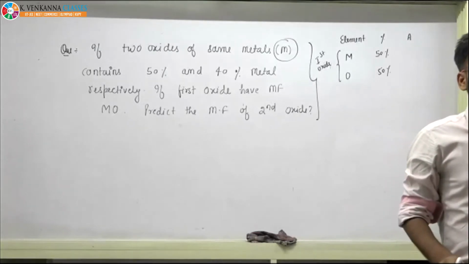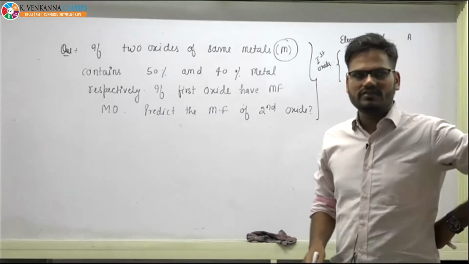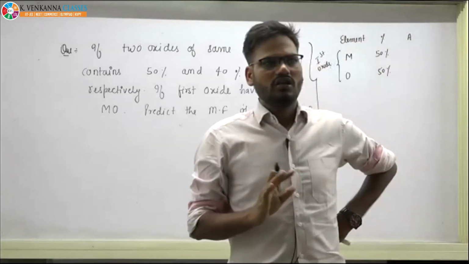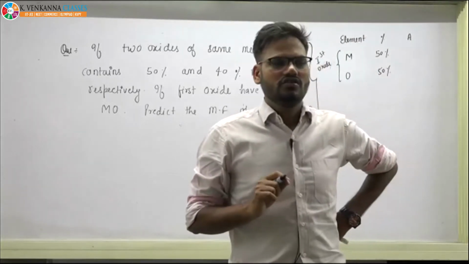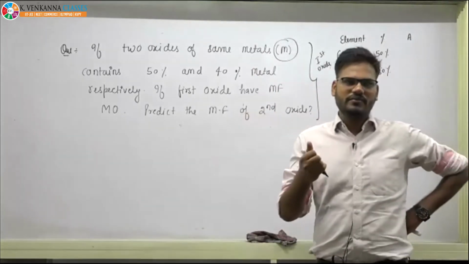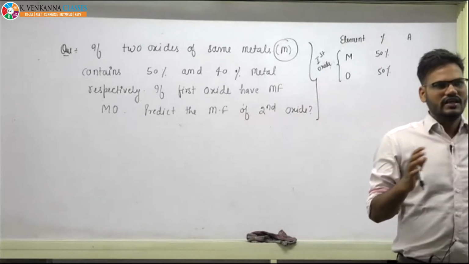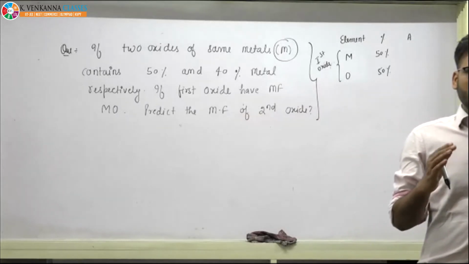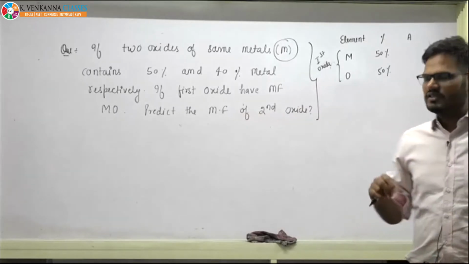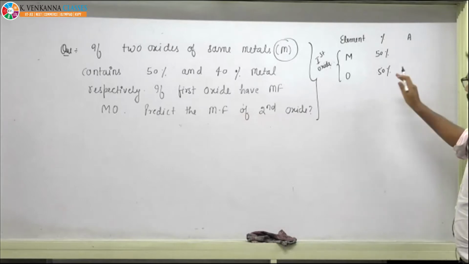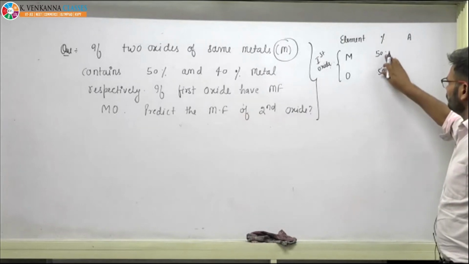As I've told you, in questions regarding percentage, the total will always be 100. So if metal is 50%, oxygen will also be 50%.